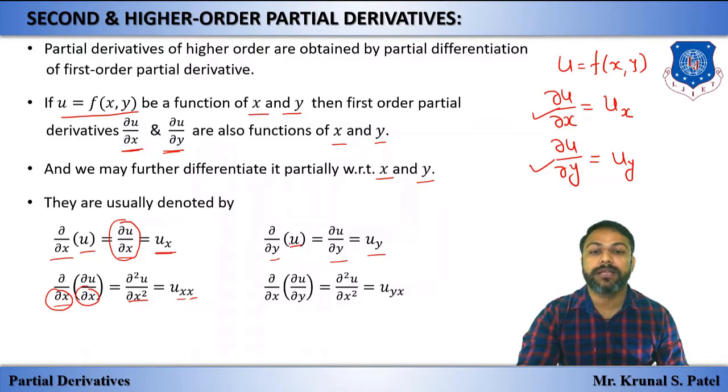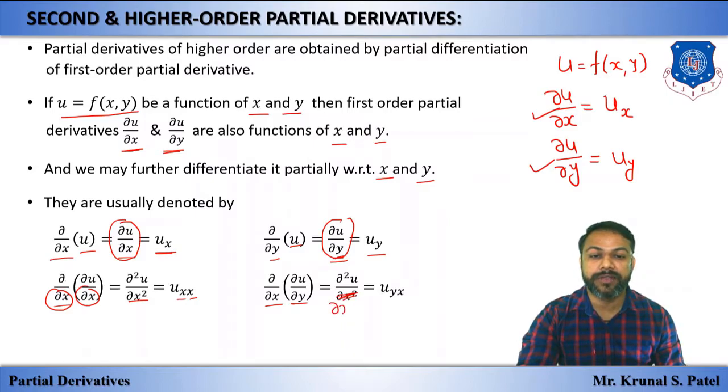Now same way, if we differentiate this del u by del y with respect to x, then del into del square u upon del x into del y. Okay, so this is wrong.